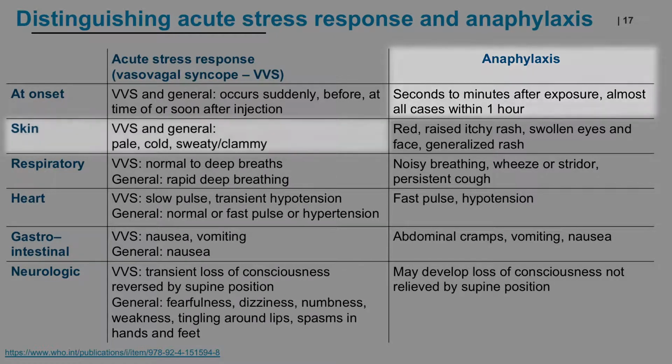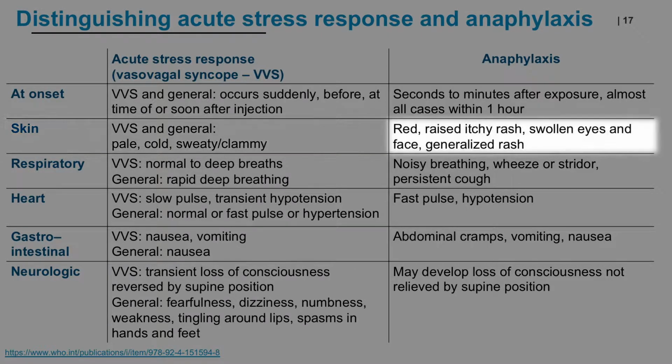When you look at the skin in a vasovagal syncope, it is usually pale, cold, sweaty, and clammy. Whereas the skin in anaphylaxis is seen to be red, it could be raised with itchy rash. There could be swollen eyes and face, and there could sometimes be a generalized rash.